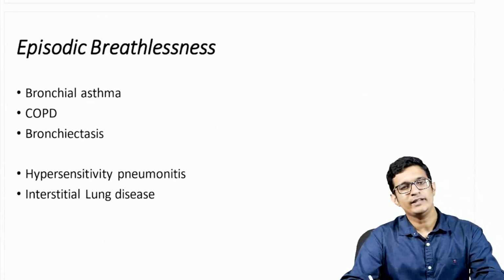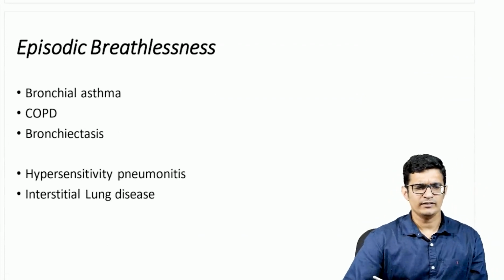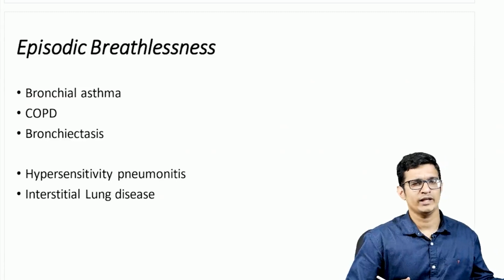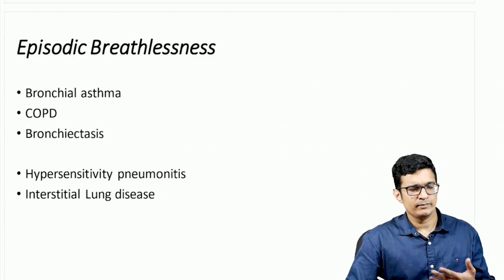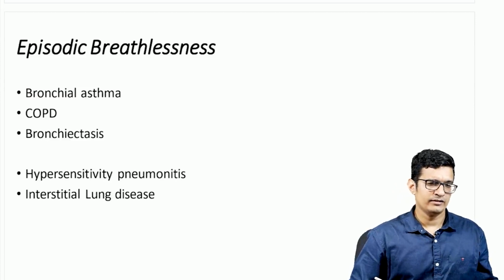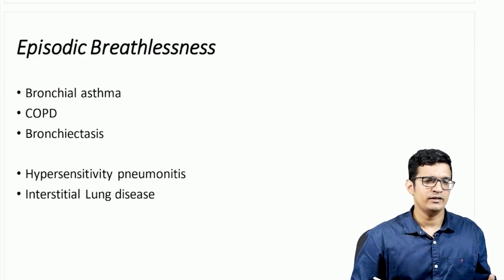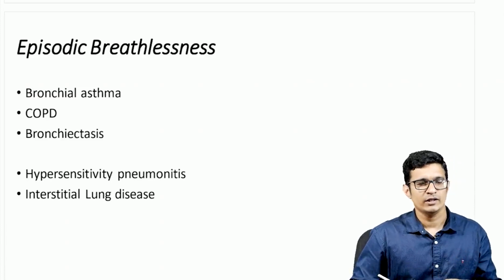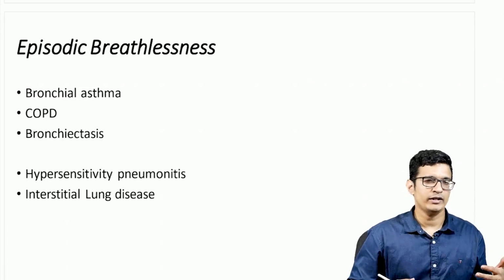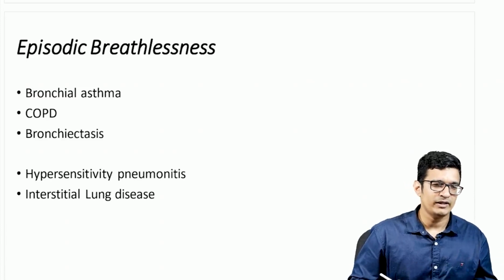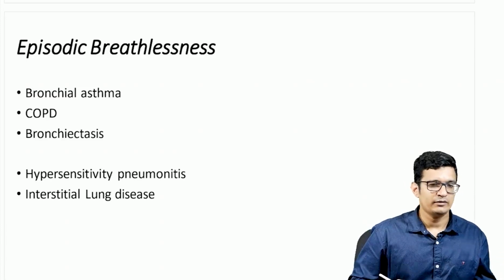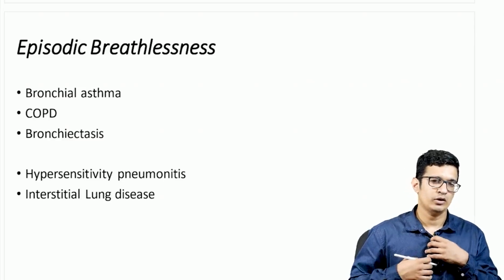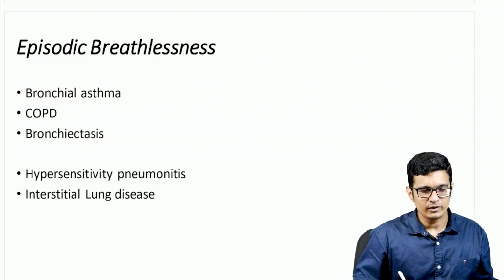Now once when you grade the breathlessness, why do you want to grade breathlessness? It is just to tell the examiner how the breathlessness has progressed. Okay, so you can probably say that my patient was having breathlessness only on doing exertional activities 1 month back, and for the last 1 week it has progressed to such an extent that initially he found it difficult to walk for even 50 meters, and for the past 1 day he is having breathlessness even while trying to put on his clothes or while trying to even eat.